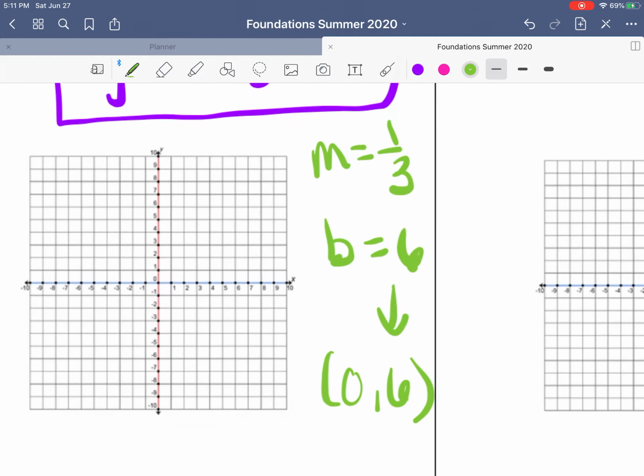And I'll graph that. I start at my y-intercept. From there, I go up 1, run 3. Right there. And you can continue doing that pattern, up 1 over 3, up 1 over 3. Or you could go down 1, left 3 to get this side.